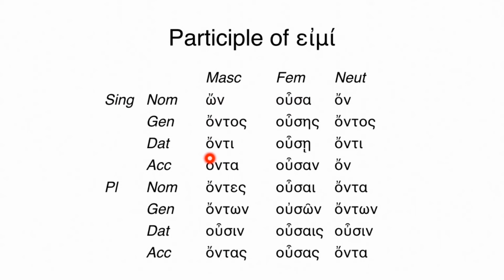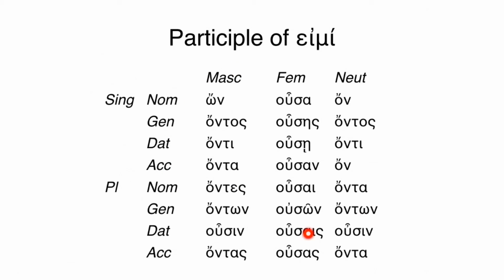On, ontos, onti, onta, ontes, onton, usin, ontas are the masculine forms. Usa, uses or usis, use or usi, usan, usai or use, uson, usais or uses, usas are the feminine forms. On, ontos, onti, on, onta, onton, usin, onta are the neuter forms.